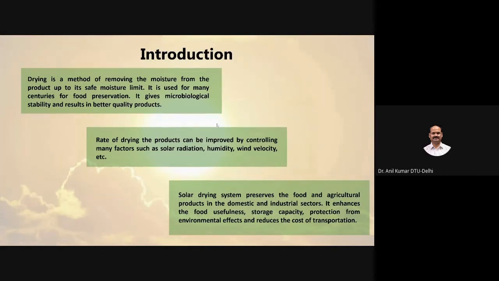Based on that, of course, solar radiation, humidity, and wind energy, good solar radiation is needed. And solar drying preserves food and agricultural products, for the domestic and industrial sectors. It enhances food and storage capacity, and gives protection from the environmental impact.